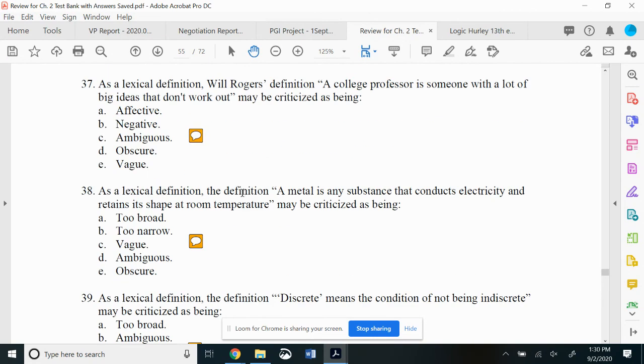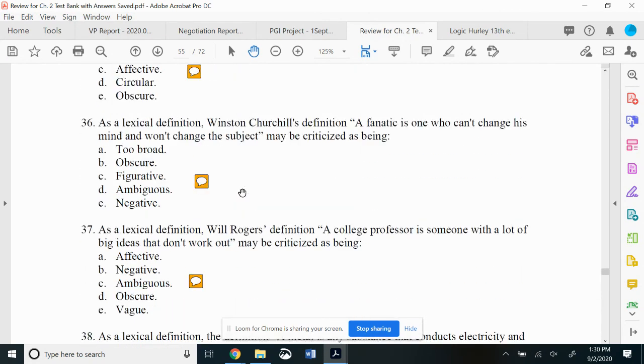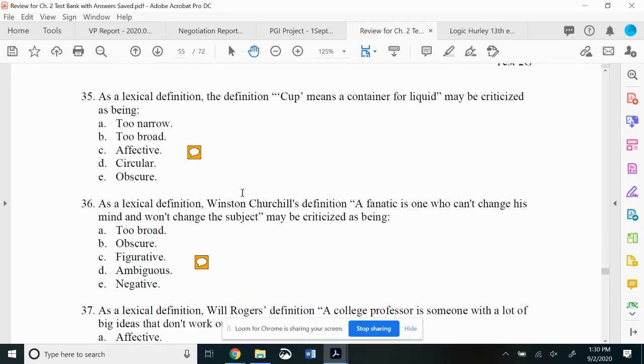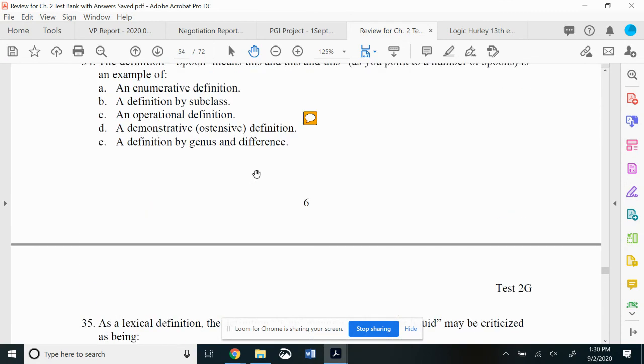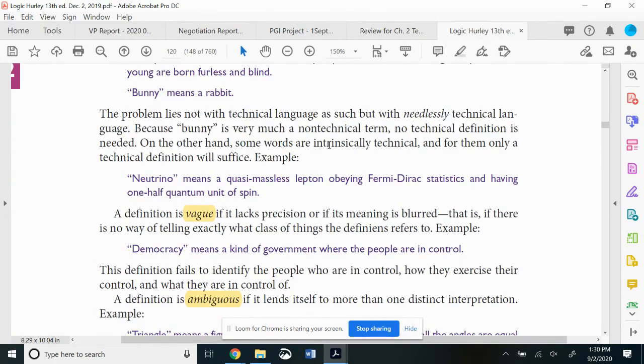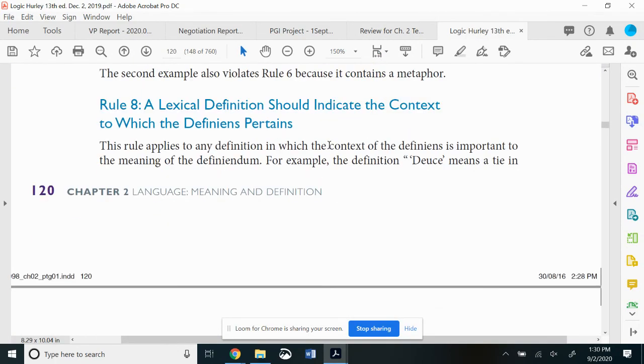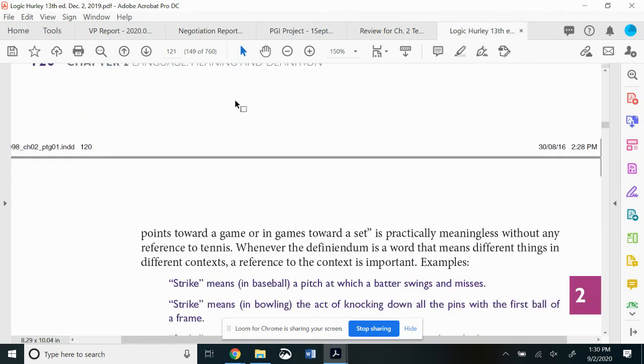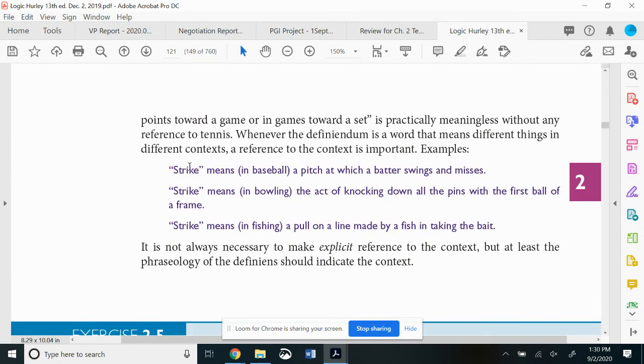I think the only thing missing here was the rule that talked about the context, and I'll just review that one with you, which is rule 8. So if you have a strike and you're talking about it meaning, in terms of baseball, but you're not including bowling or fishing, you're not including the context, you're violating the lexical rule.